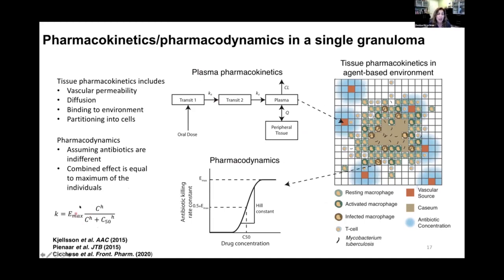The killing happens through something known as Emax, the rate at which half of the maximal killing is reached. There's a specific Emax for every antibiotic in the system. There are also drug interactions in our model, so we take into account the interactions between these combination drug cocktails.